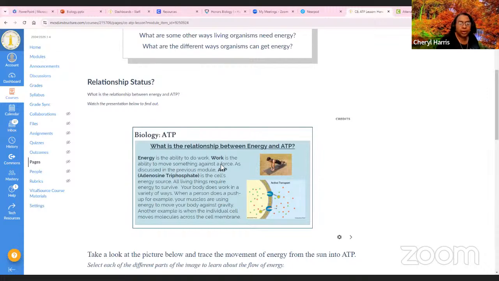Okay. All right, so energy is the ability to do work. So in other words, respiration, your muscles moving, digestion, all of those things are work. Okay, and you need energy in order to do those things. The ATP molecule is adenosine triphosphate. And then what I also want you to look at is this picture that shows the membrane.